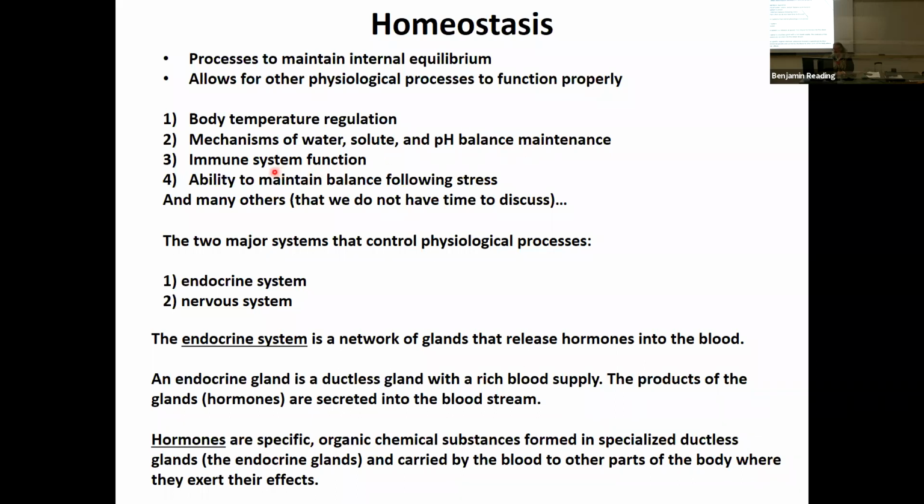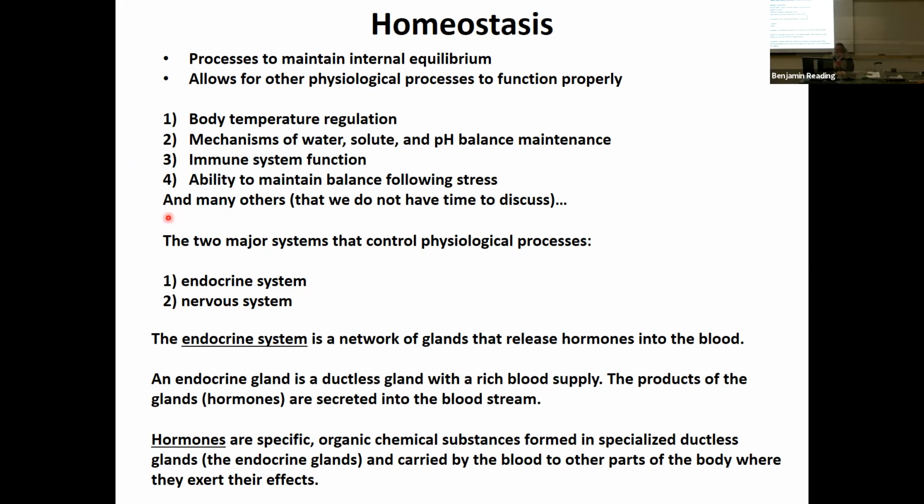You have to maintain your immune system so that competing organisms such as disease-causing bacteria and viruses do not infect you and kill you. And then you have to be able to maintain some balance following stress. So for instance, predator avoidance, so you're not eaten. There are many others that we don't have time to discuss, but in this lecture, we're going to focus on these four major components, and these also are detailed in the reading of your book.